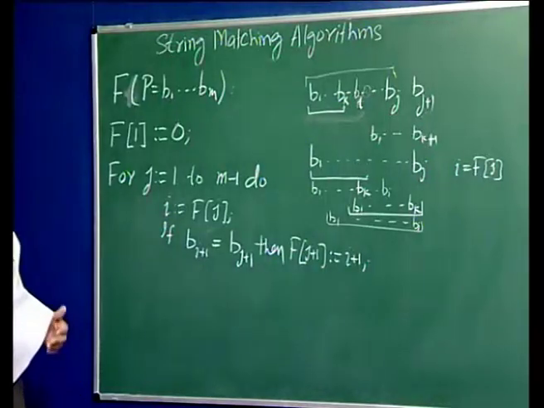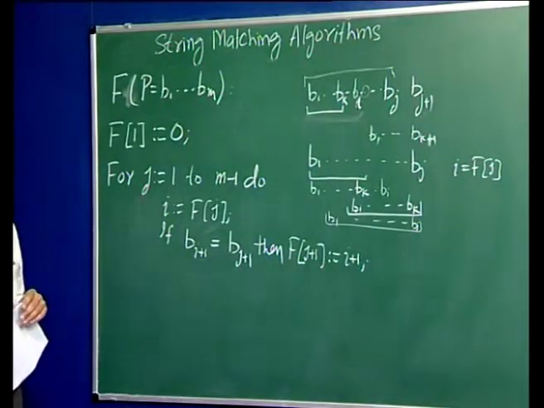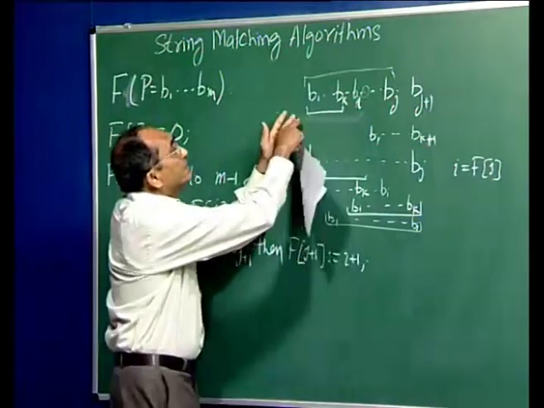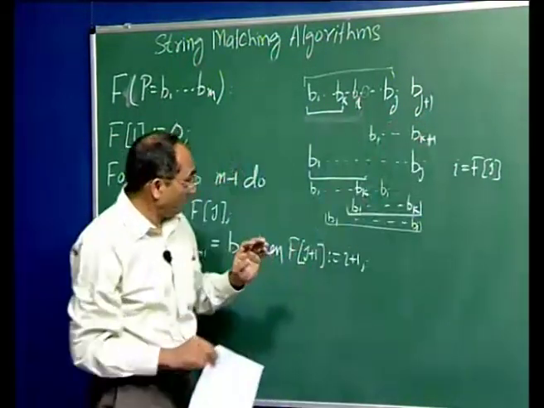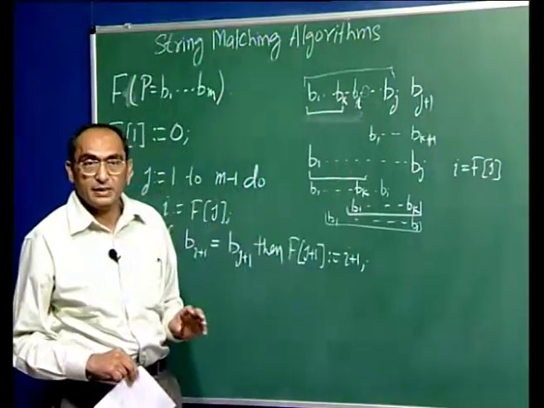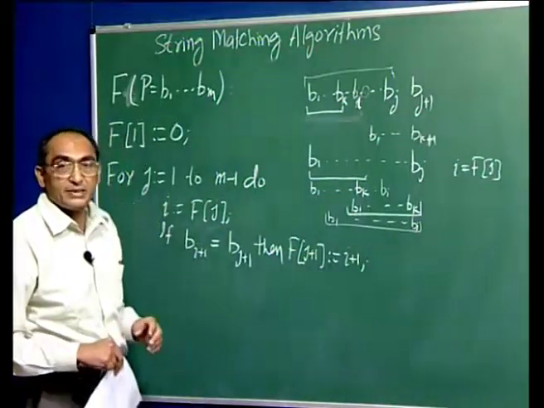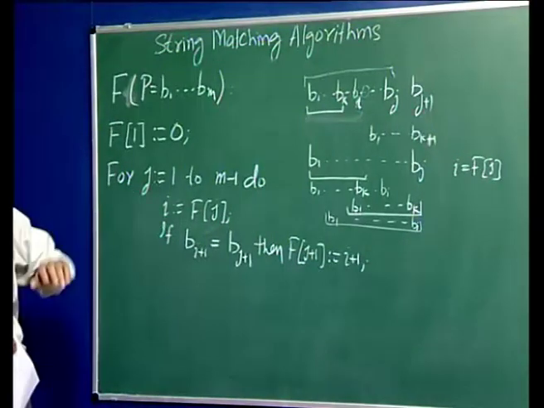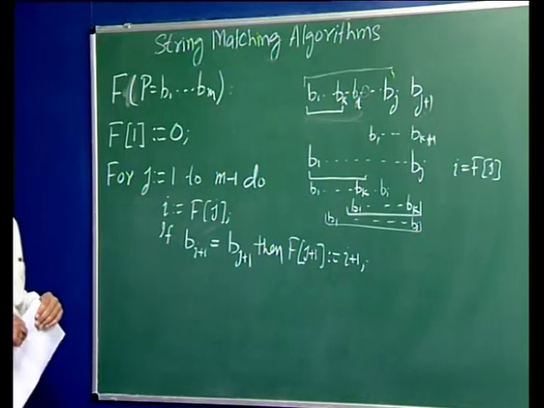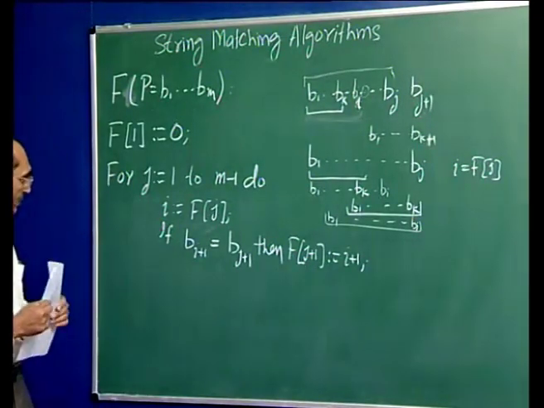So, what we notice is that we need not search in this entire space. We can restrict our search to B1 through Bi and look for the largest possible string we can locate, which is initial and terminal.